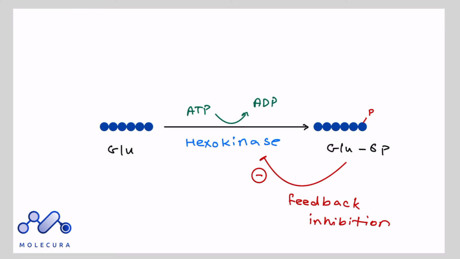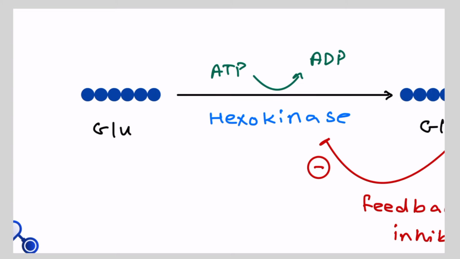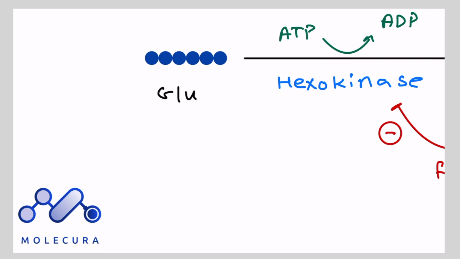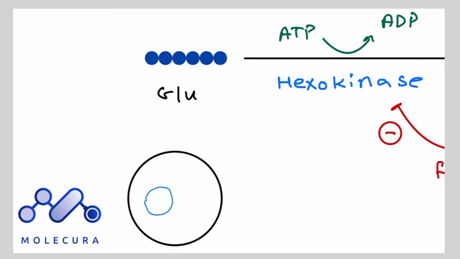One more thing that can happen here is going to be by the action of insulin. So what happens is that we have our cell here. This cell has a nucleus. This is our nucleus. And in our nucleus we have our DNA. So what happens?